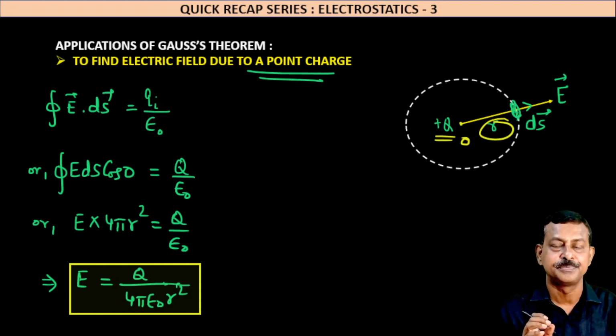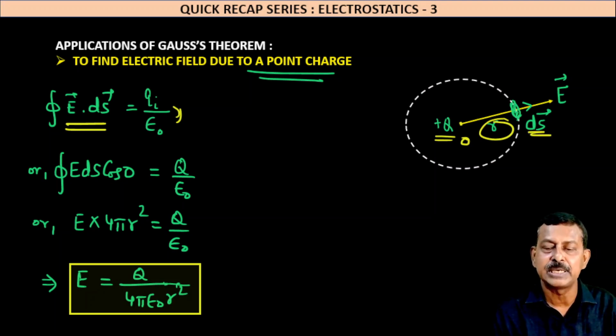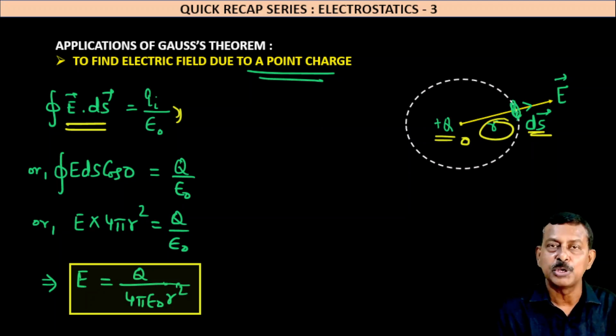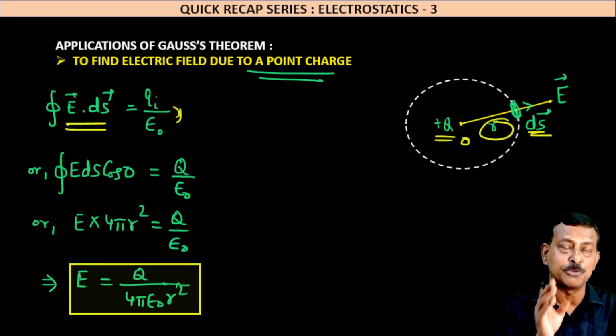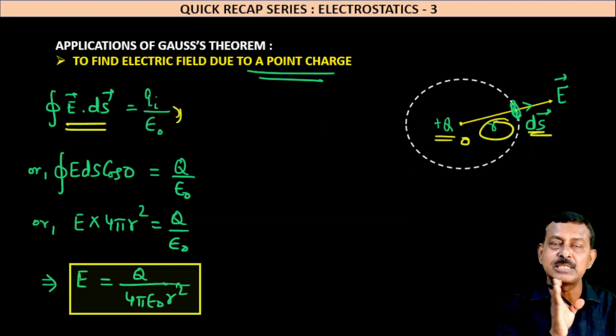is located. So we take this one, and now if I take Gauss theorem, E dot ds integral over closed surface is qi by epsilon naught. For this case, if I take the elementary area vector ds, it is E ds cos 0, because the electric field and the vector area for this particular case will be in the same direction. So it is cos 0. This is equal to q by epsilon naught, because q is the charge enclosed by the surface.